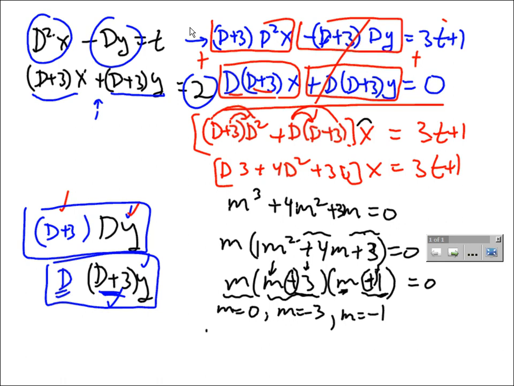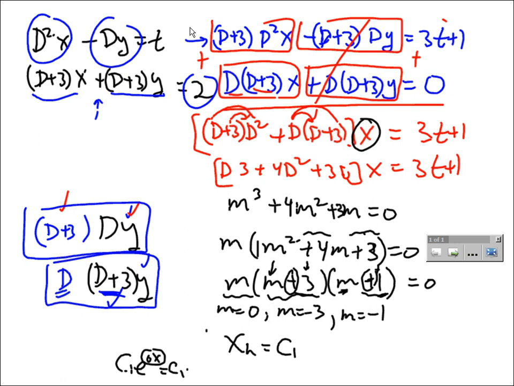So let's see, x homogeneous must be c1 e to the 0x, but e to the 0x is e to the 0, and e to the 0 is 1.